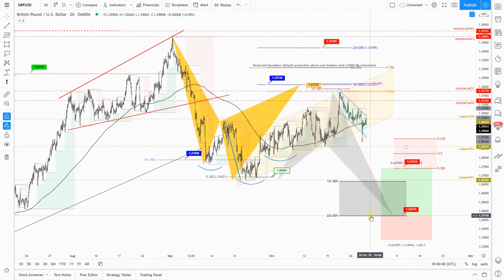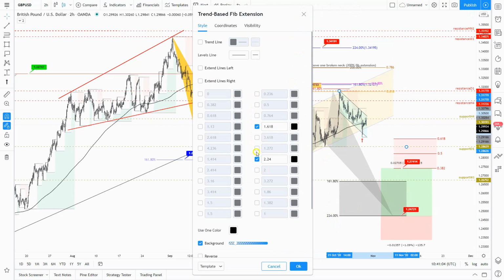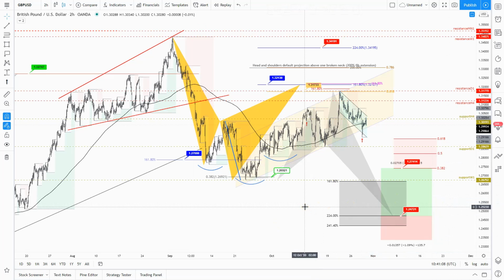And usually the pattern will not require a lot to invalidate, so I try to minimize my losses when I trade the shark pattern at 224% Fibonacci extension, because I expect one immediate reaction from that level. And I can also use the 241 as an extreme limit to form the pattern.